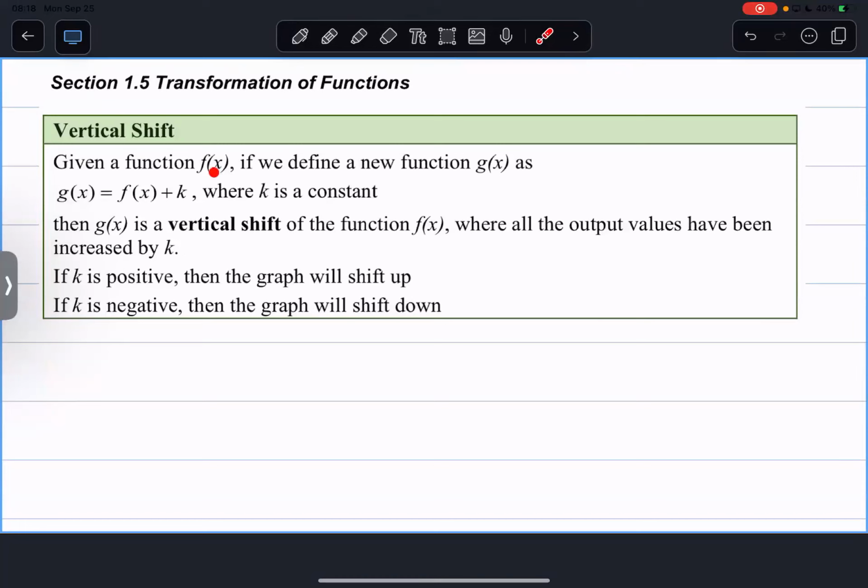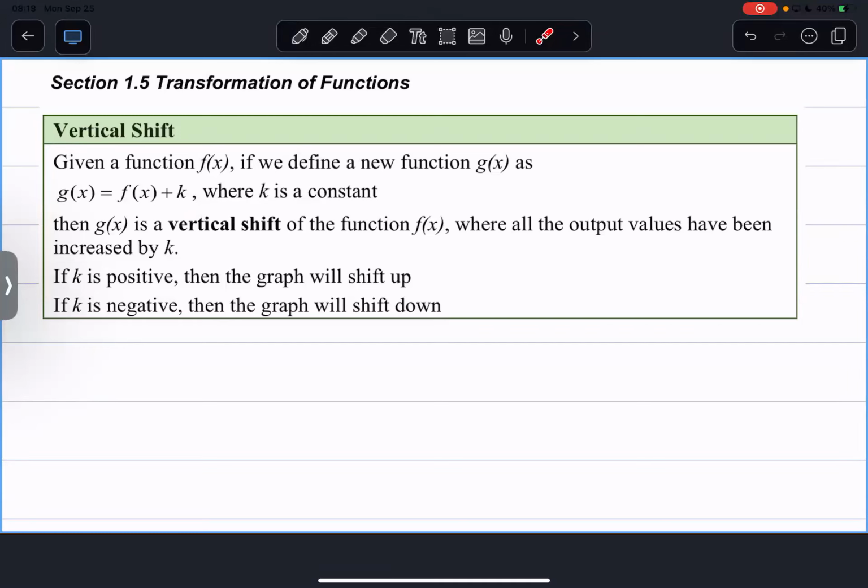So if you have a function f of x, if we define a new function g of x, which is f of x plus k, where k is some constant, so we're going to use k as a constant just throughout, okay, then what are we doing? We're taking the output and adding k, moving it up, right? I take all my outputs and I increase them by k amount.